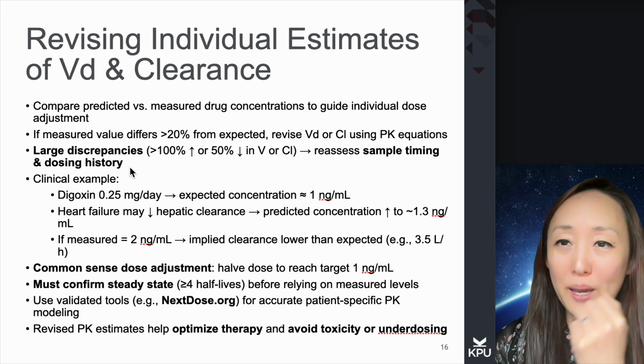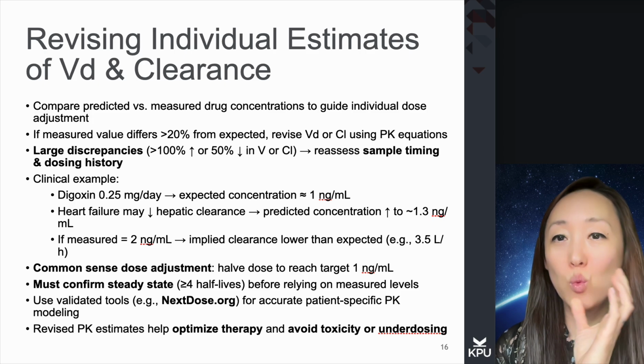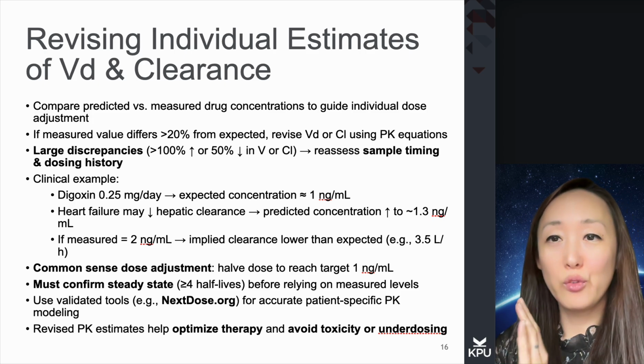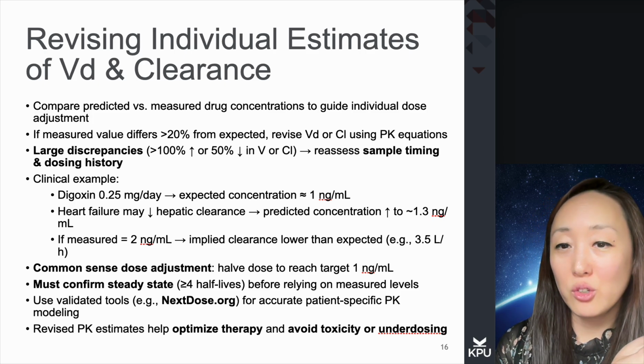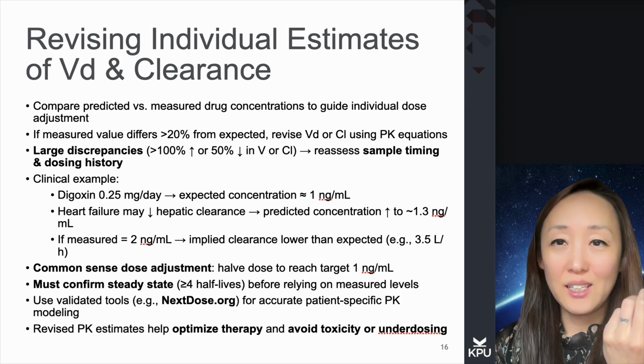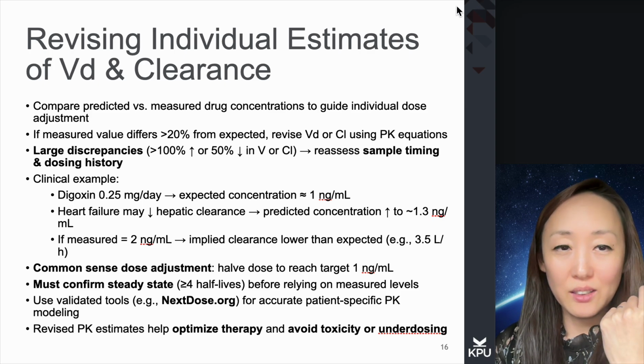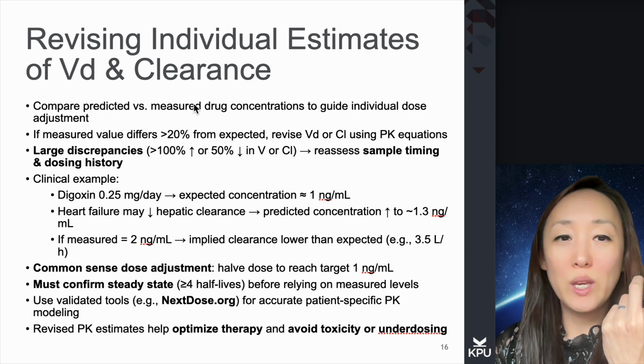But individual patients vary so much. So we compare what we expect to see versus what we actually measure. So step one is we compare what we predicted with what we measured.